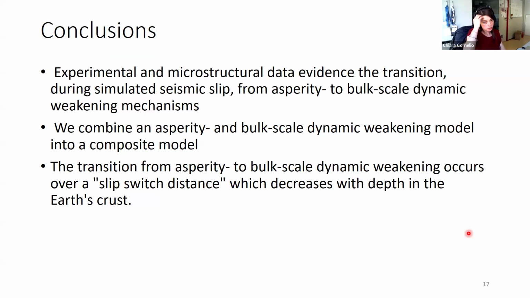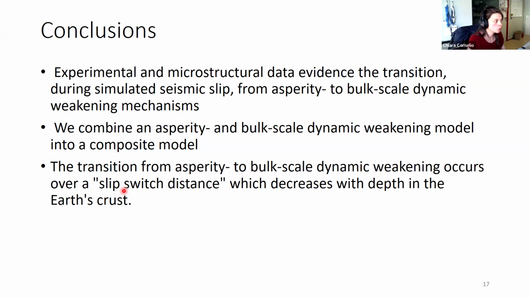To summarize this first part, in this work we studied two different weakening mechanisms, one occurring at the asperity scale and the second one occurring at the bulk scale.